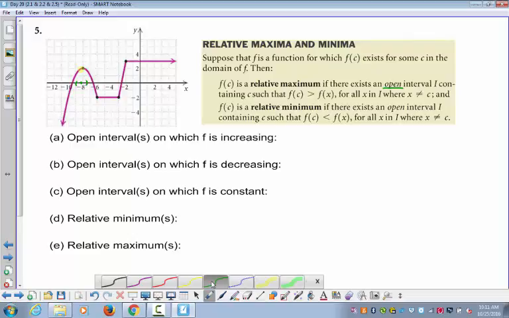So that relative max is at -8. The relative max value is 2, but the relative max occurs at -8. So we have to distinguish between what the relative max value is and where the relative max occurs. So we're saying that the relative max occurs at -8, and the relative max value is 2.